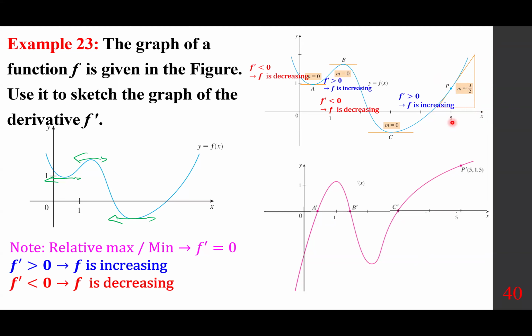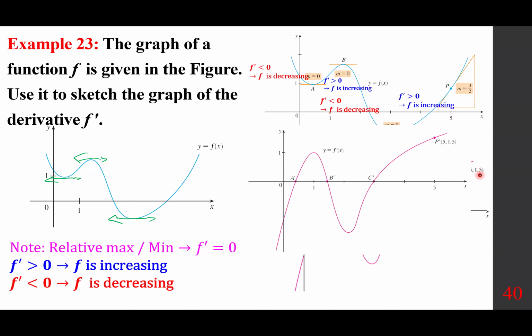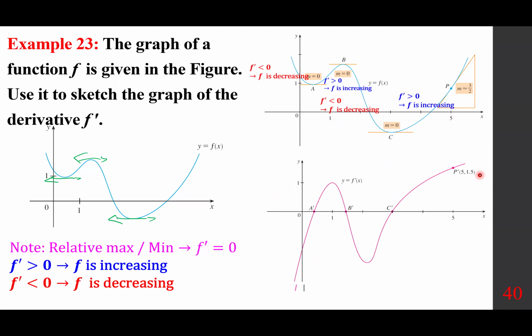So this point, the x coordinate is 5, then m is 3/2, corresponds to the same x coordinate 5 with the slope of 3/2 or 1.5 being its y coordinate. So that's it.